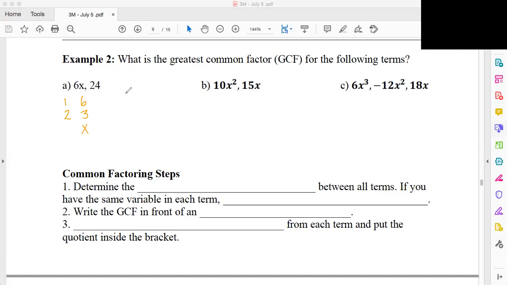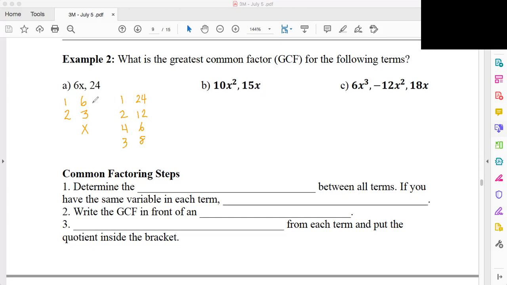If we look at 24, we have 1 and 24, 2 and 12, 4 and 6, and 3 and 8.